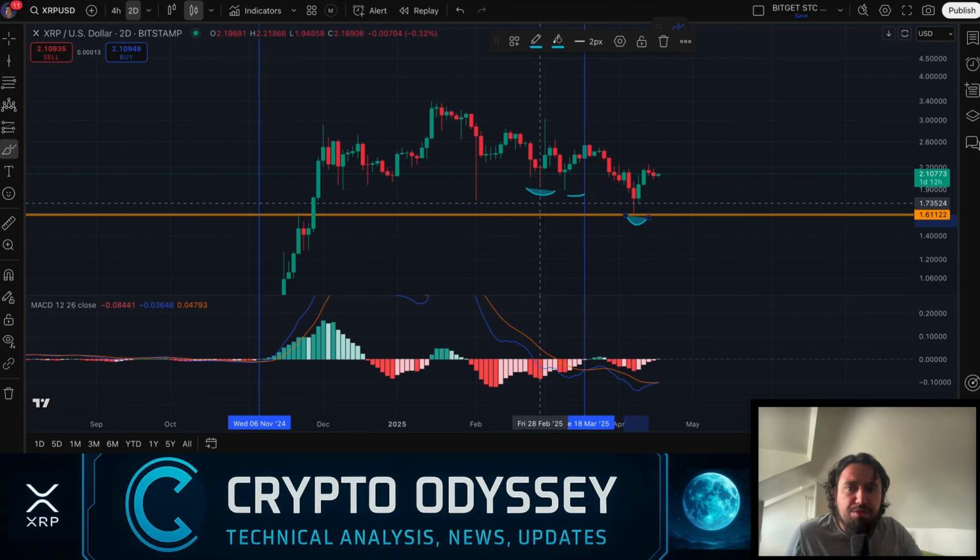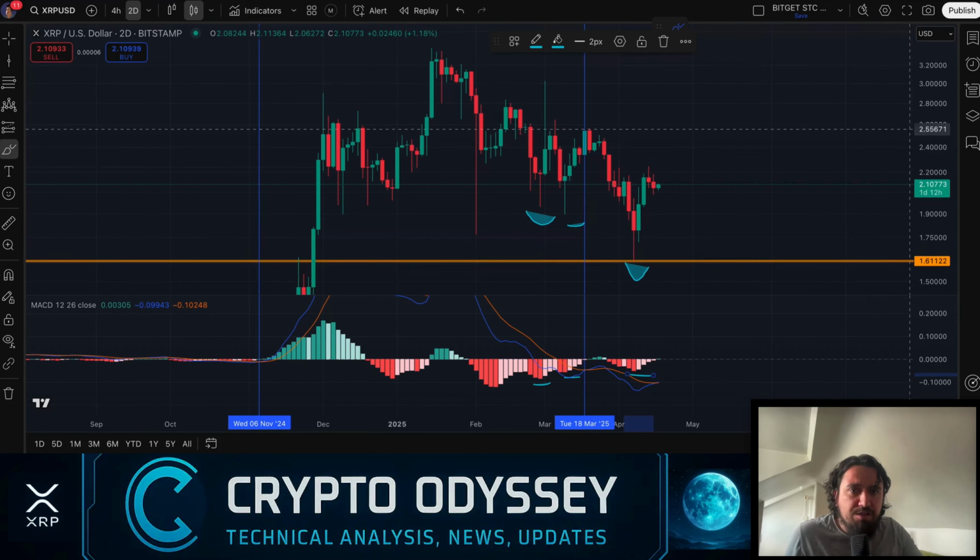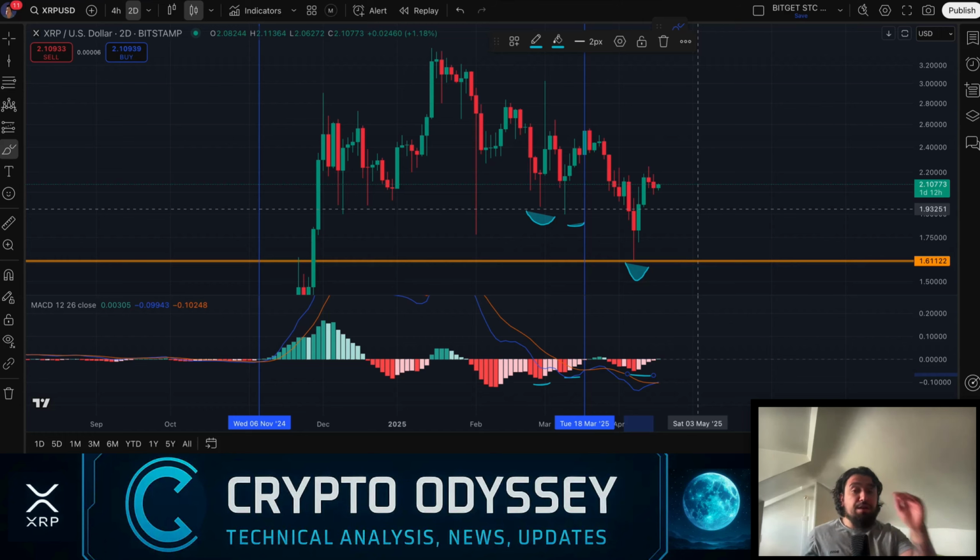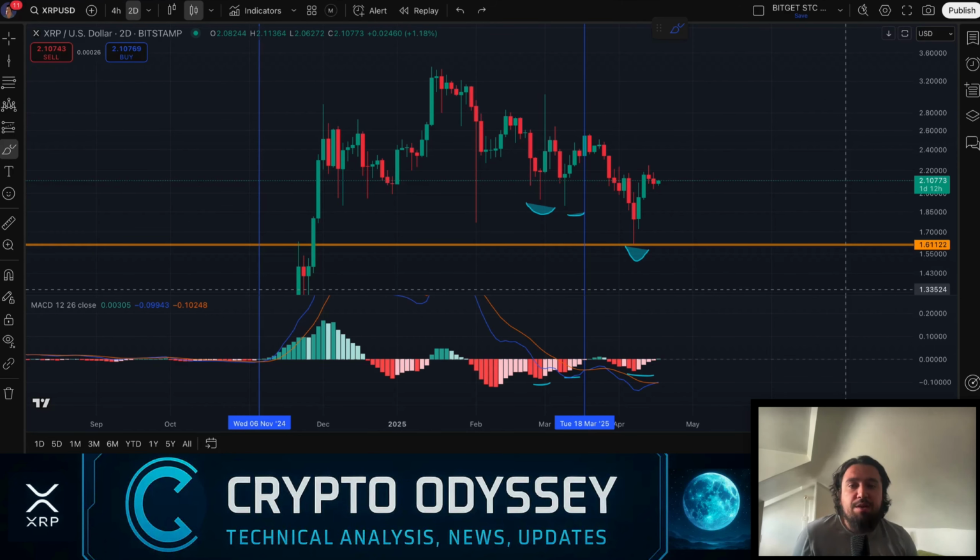So we have 3 waves of lower lows. If we look at what the histogram is doing, we have a higher low, a higher low, a higher low. Okay, so we have some kind of divergence occurring here. This is bullish divergence.